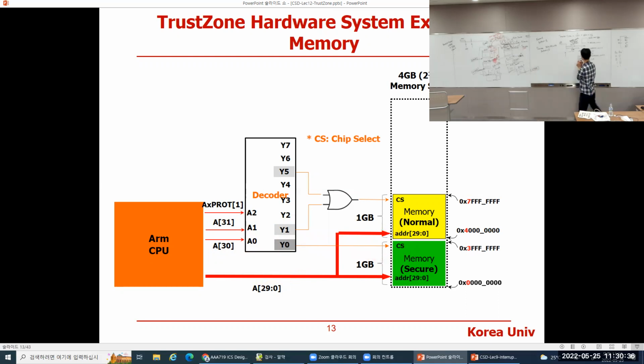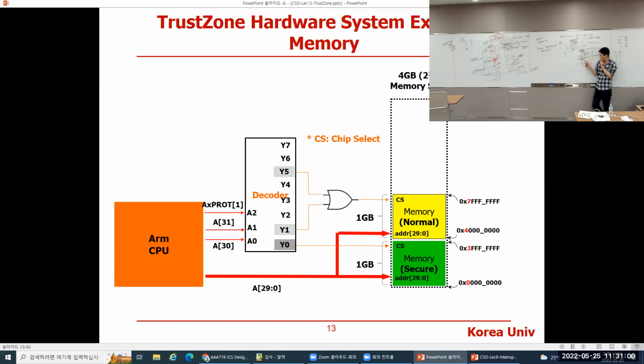So first, let me explain chip select. Every hardware component, memory and I/O device, has one special connection called chip select, one input connection. As the name implies, if that is 1, then that is indicating that device is selected.